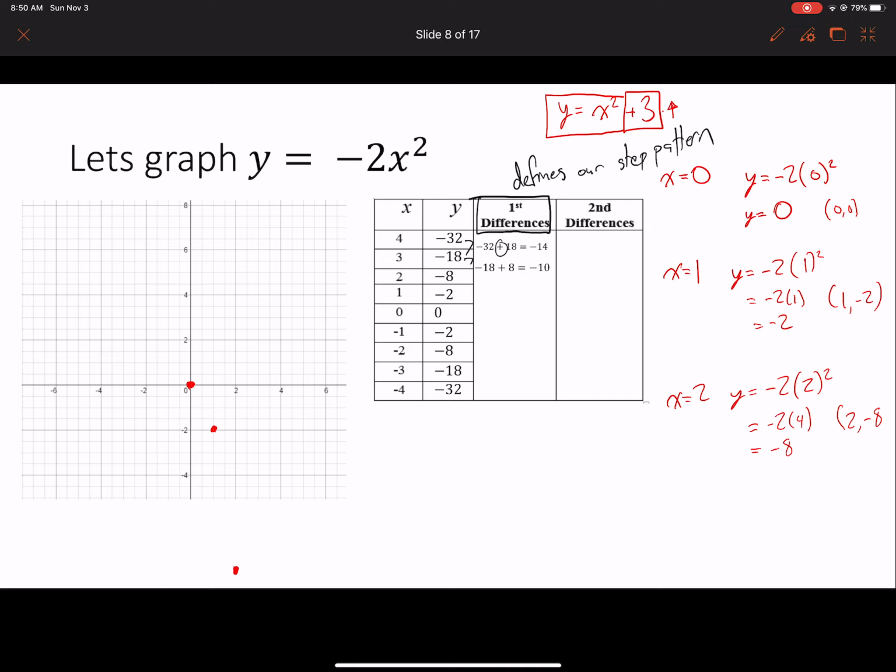We take -18 minus -8, or +8, is -10. And we have -8 plus 2 is -6. -2 minus 0 is -2, etc. And we're just taking the first difference, the difference between these values.